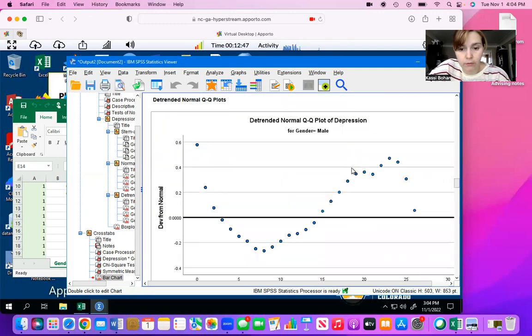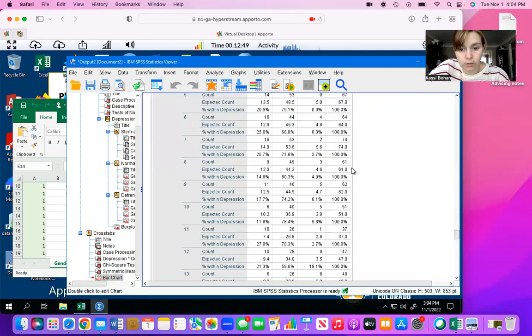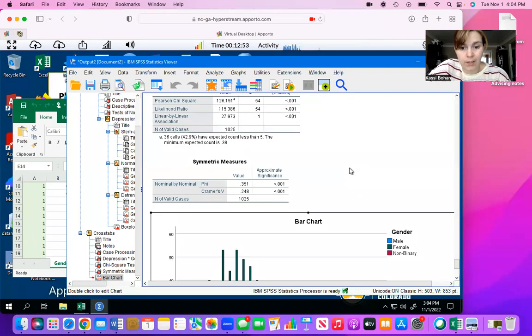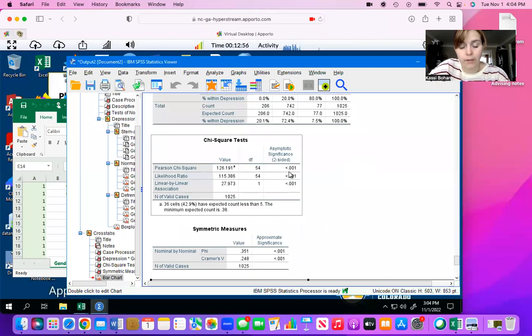Our p-value is less than 0.001, which is why I say it's not only significant at the alpha of 0.05, it is statistically significant at the alpha of 0.01, meaning that we reject the null hypothesis and we accept the alternative that there is a correlation between gender and depression.